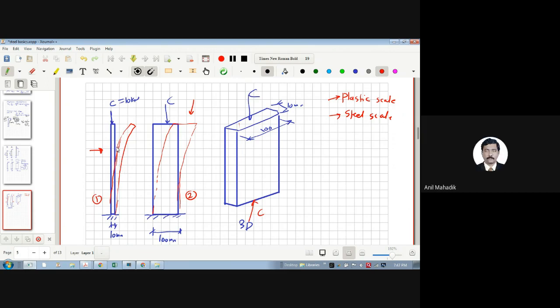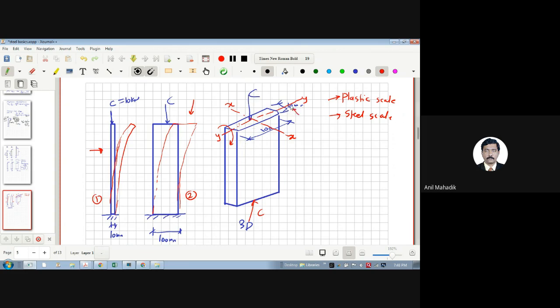That means if this dimension is less, then it will buckle in that direction. So let's say this is your YY and this is your XX. It is buckling about the y-axis, correct? Why is it buckling about the y-axis?